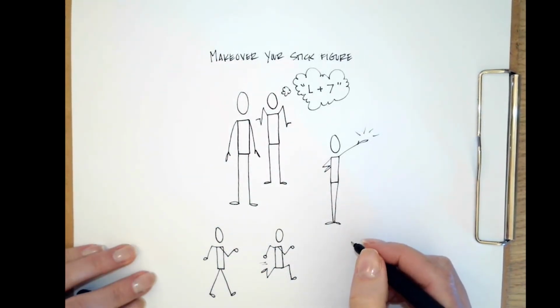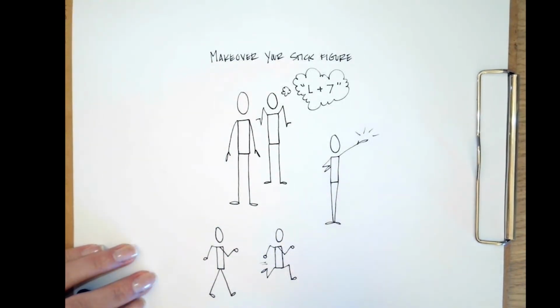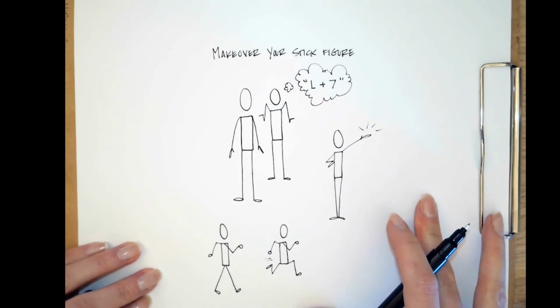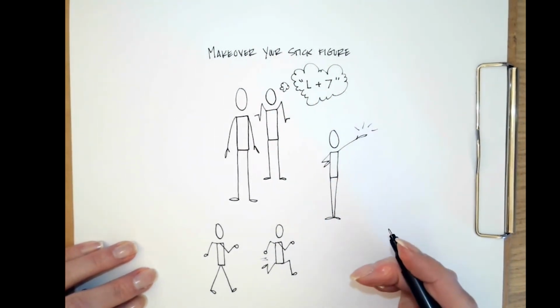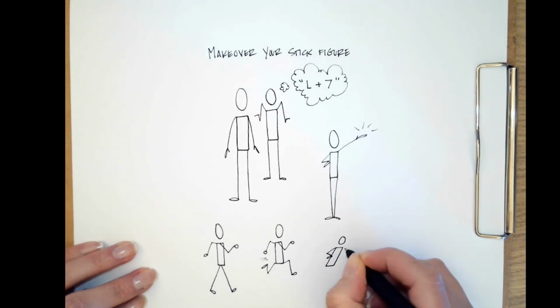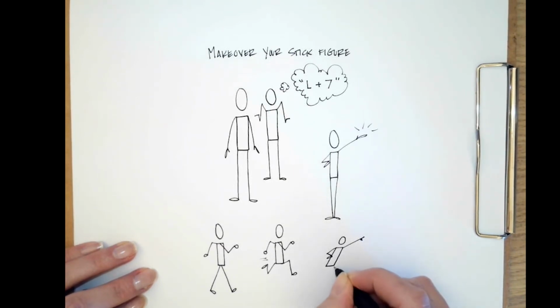Then if you wanted to do something with a little bit more dynamic movement, then you might need to adjust the rectangle. So for instance, if somebody is leaning, then perhaps the L7 needs to lean a bit as well. And he's pointing.